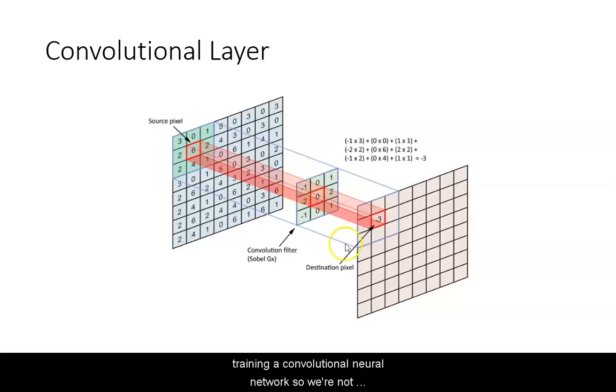We are not handpicking these 9 values in our kernel or filter, but rather we treat them as parameters or weights of our neural network, and we let our neural network learn that for itself during the process of backpropagation.